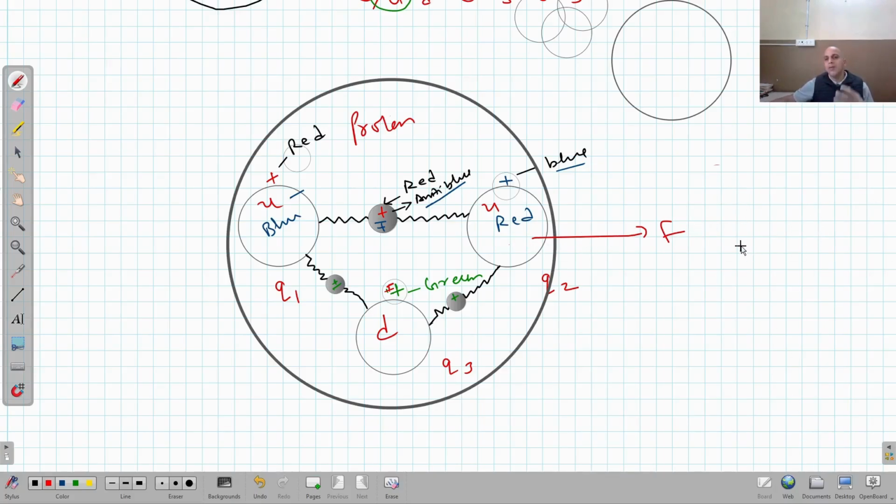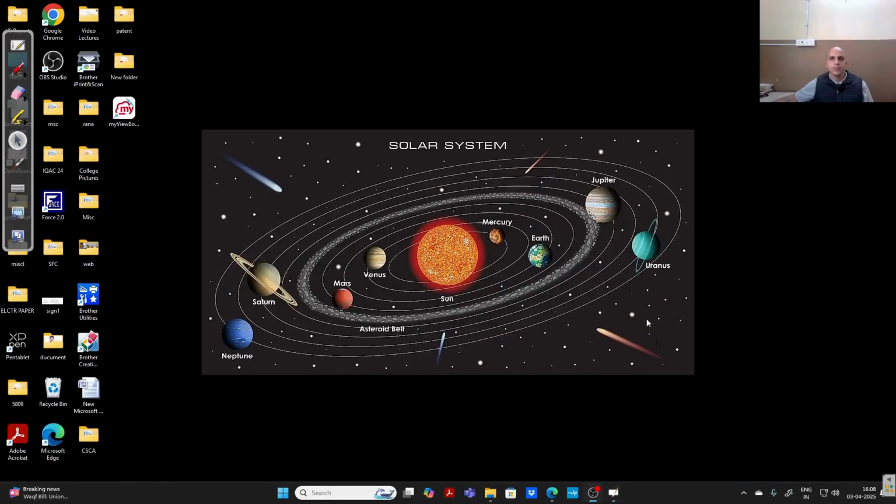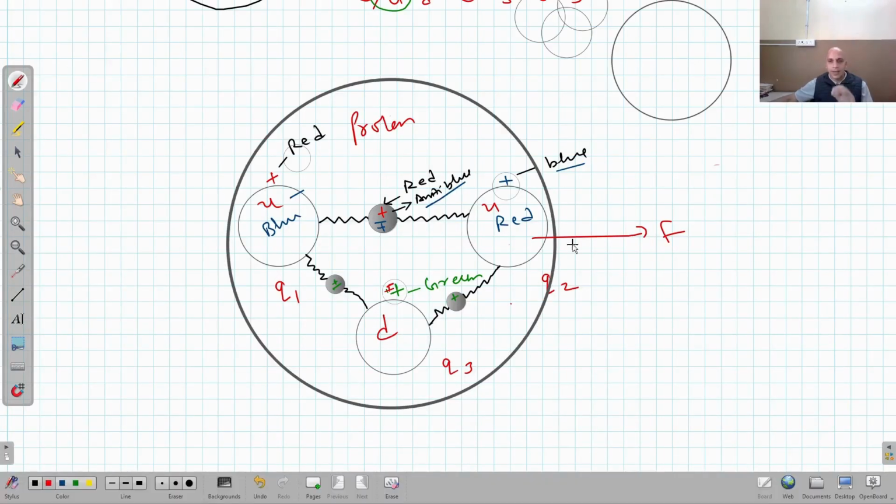Then what will happen? These two bonds will be broken, right? Due to the breakage of these bonds, a huge amount of energy will be released, and that energy will be converted into matter, and you will get a new pair of quark and anti-quark, right?